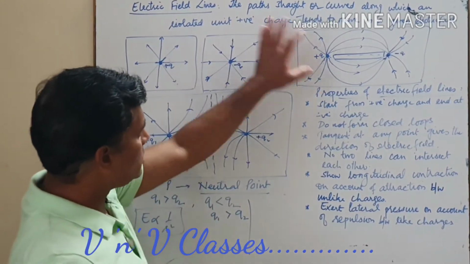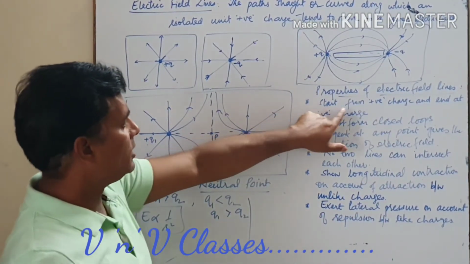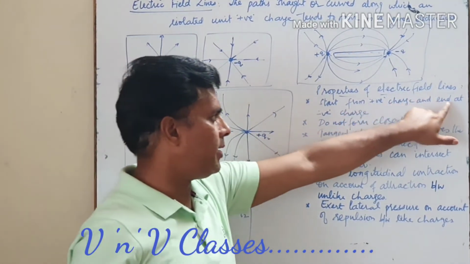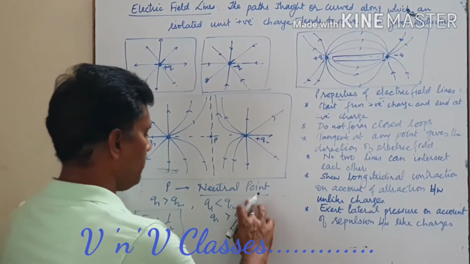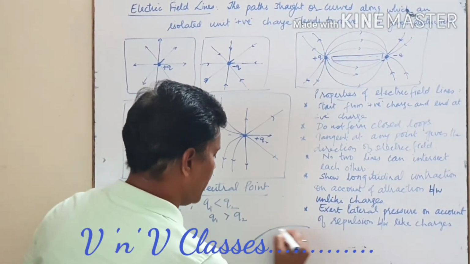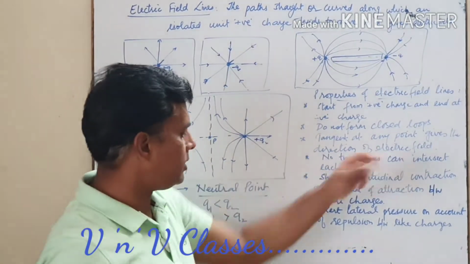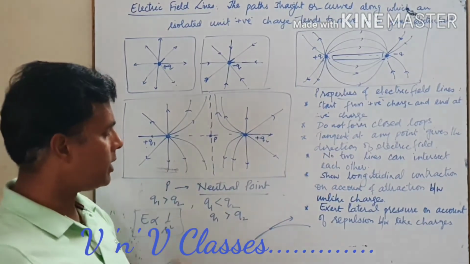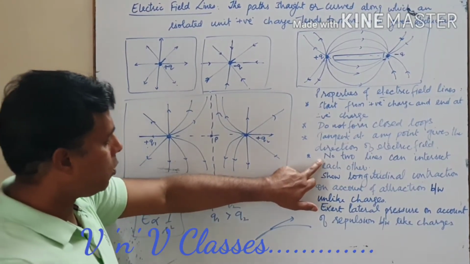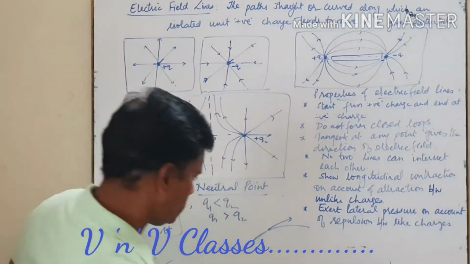So on the basis of these studies, we have worked out some properties. The first we discussed: they start from the positive charge and terminate at the negative charge. They do not form closed loops, and we just discussed here that the tangent at any point gives the direction of electric field at that particular point. And remember one more important property: no two lines can intersect each other. Why is it so?